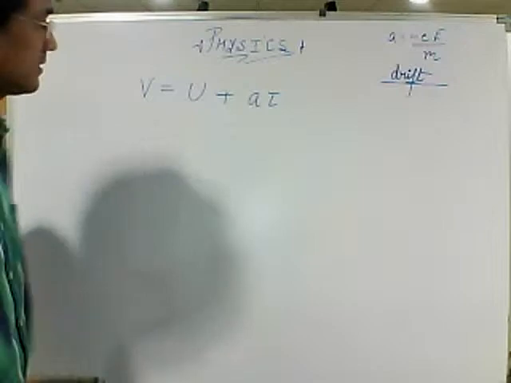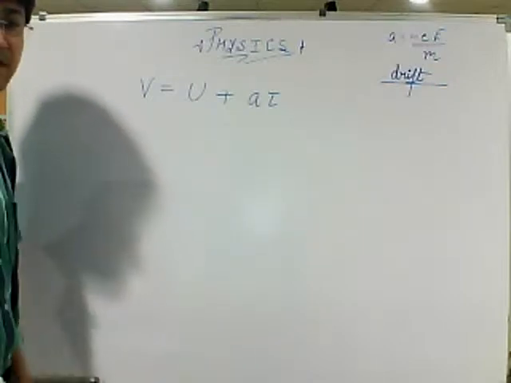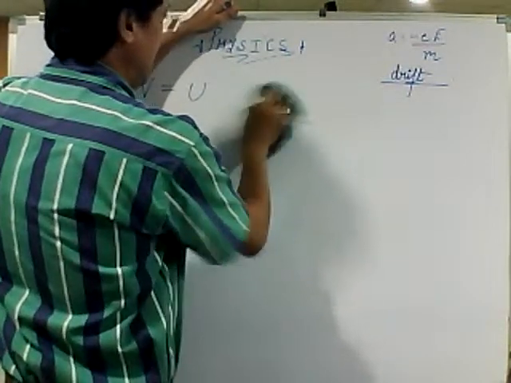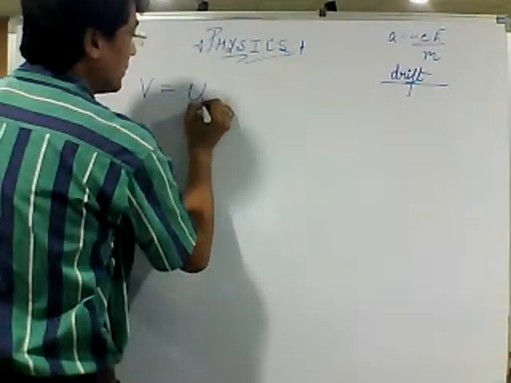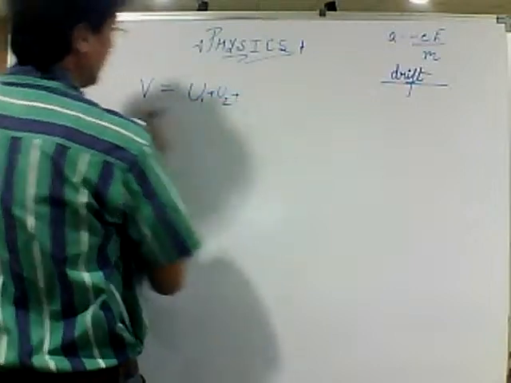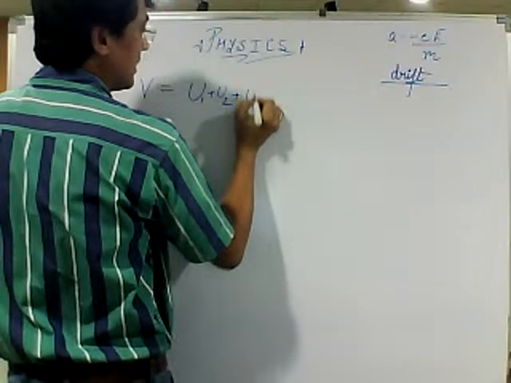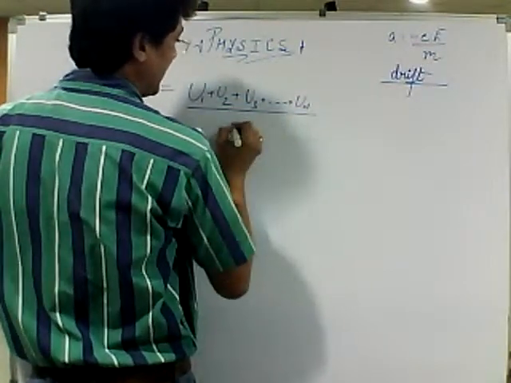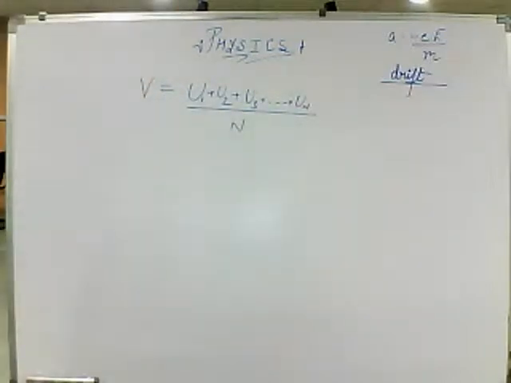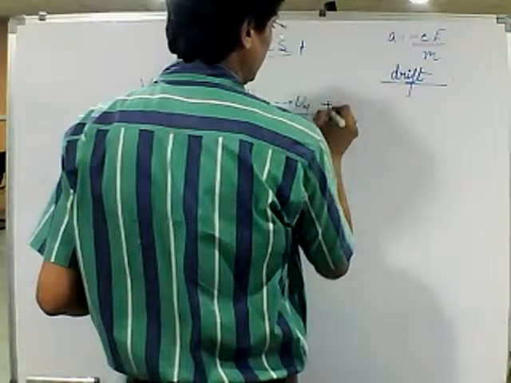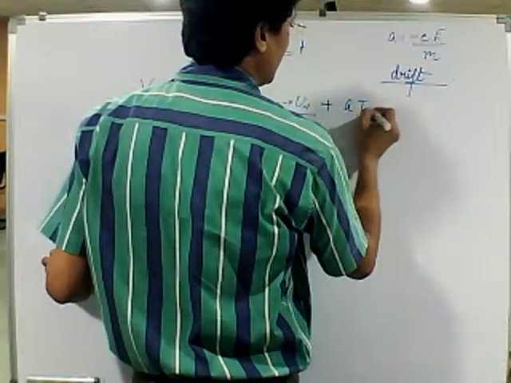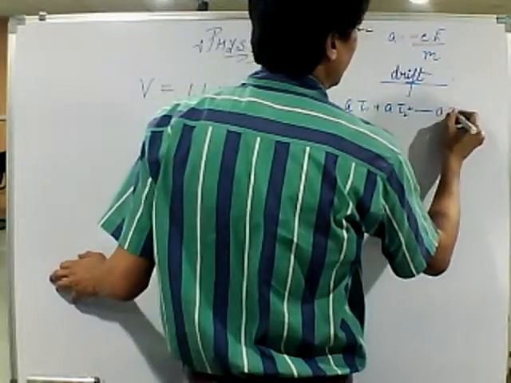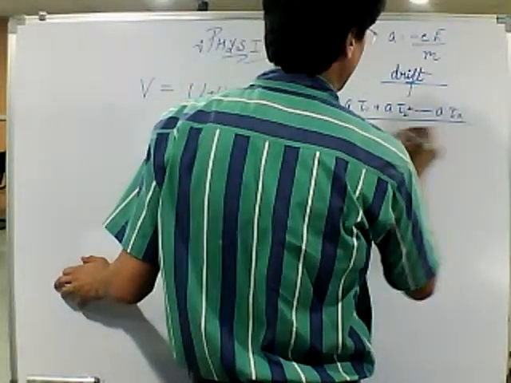So v would be given as the average of the initial velocities of electrons, u1 plus u2 and so on up to un, divided by n, plus a tau 1 plus a tau 2 and so on up to a tau n, divided by n.